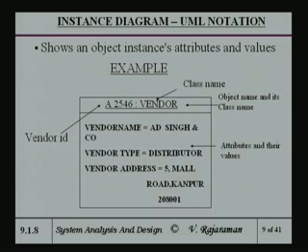Vendor ID and the class name, vendor, these are all actual values of the attributes: vendor name, vendor type, vendor address, whatever attributes are there, the values of those attributes. So the actual values are in the object instance.